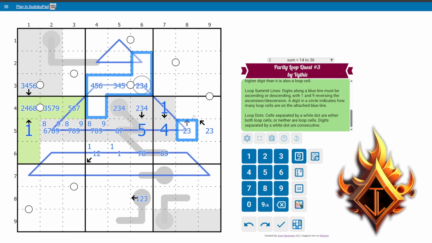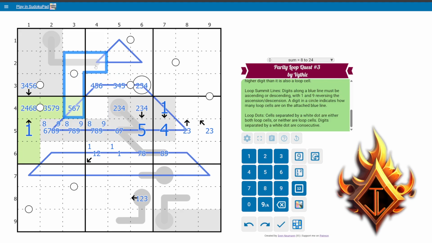Okay. So that's one possibility. What about if we went up here? We would have to do that. Then we would have to miss that. And then the most.